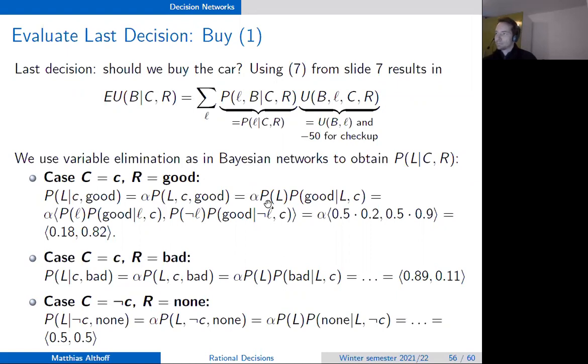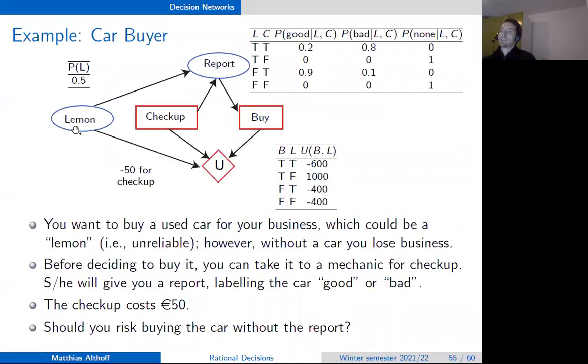And now we can use the same concept from Bayesian networks. So the joint probability of L, C, and report is first the probability of lemon.